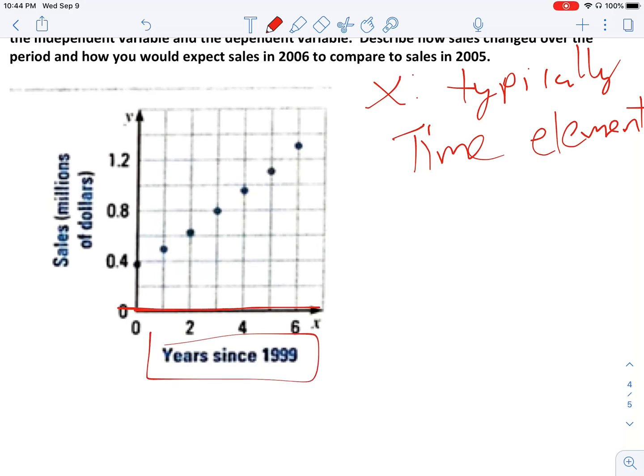So time is your independent variable. That means that the y is your dependent variable. Okay, so your independent variable is years since 99, and your dependent variable is the sales. This is independent, dependent variable.